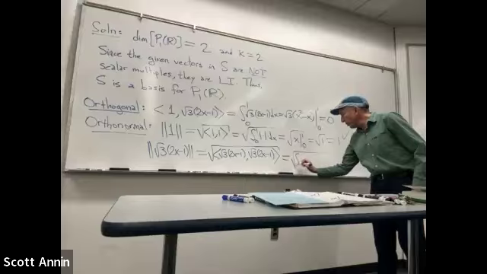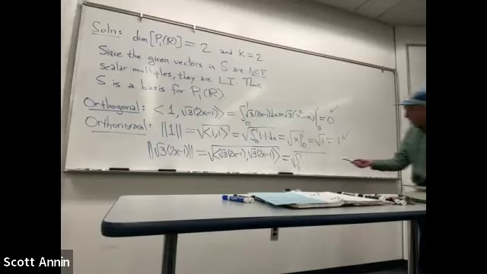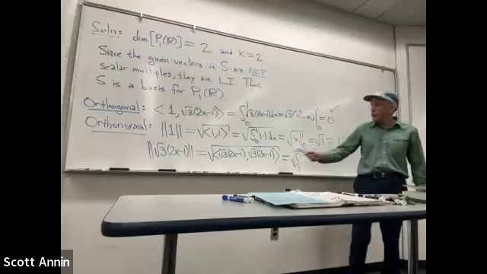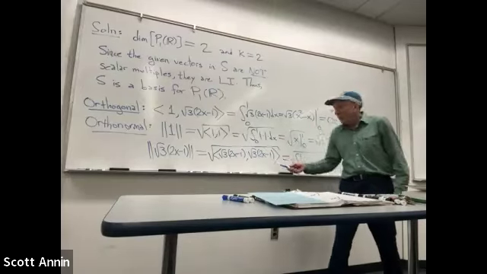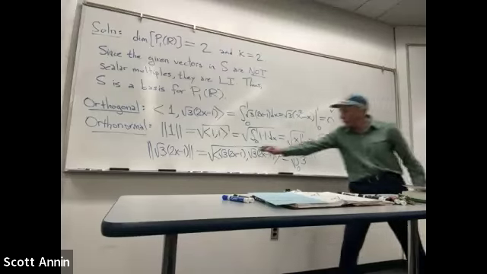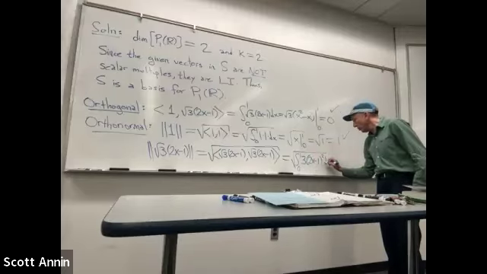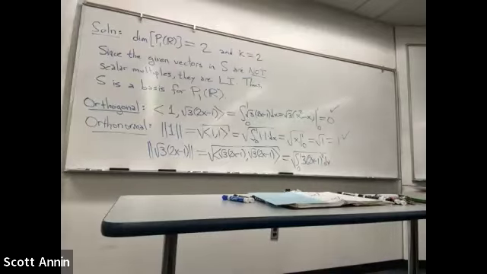It'll be an integral from 0 to 1. And what I have to do for the integrand is multiply the two functions together. Radical 3 with a radical 3 makes a 3. And then I have two factors of 2x minus 1. So that's 2x minus 1 squared as well. Let's go with something like that.